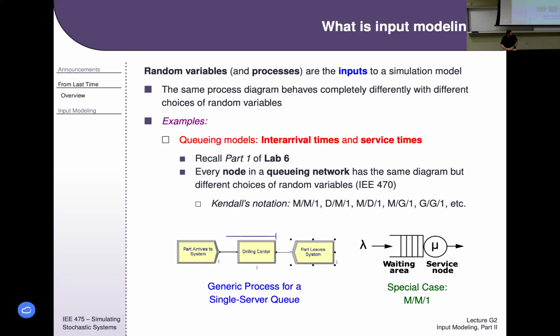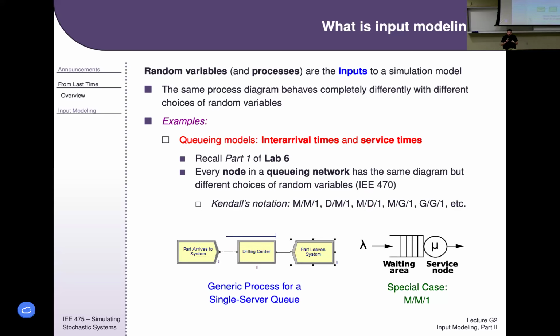So even though the system had not changed, it was this really simple, basically queuing node, by changing those models, so by switching it from a so-called MM1, where this would be exponential and exponential, to like a DM1, where these are deterministic and this is exponential, and so on, by switching these things around, then you get very different performance results out of your system.